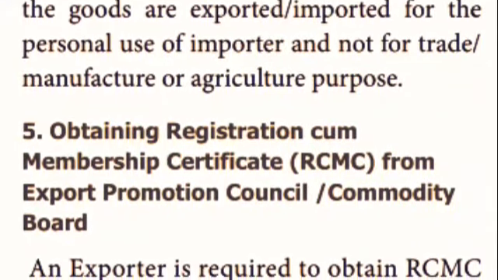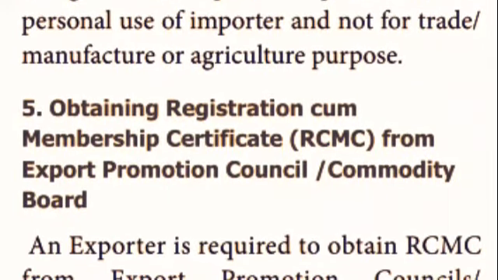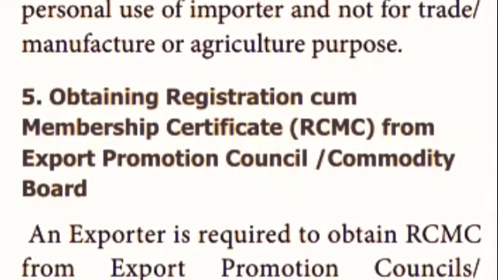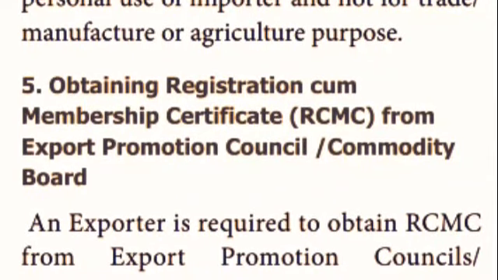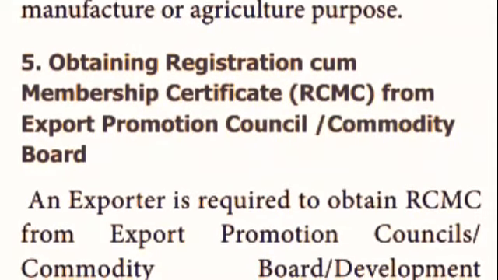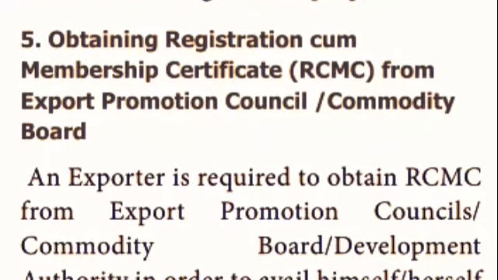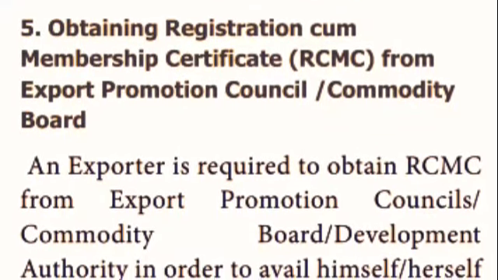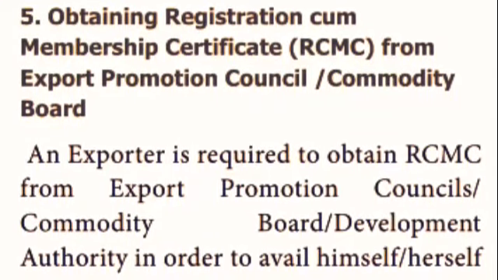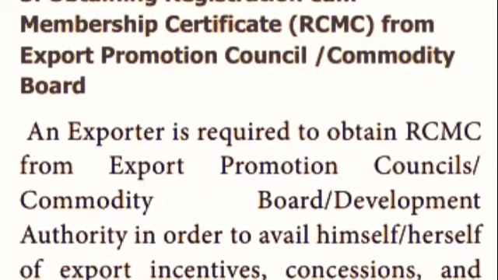An exporter is required to obtain the RCMC, the registration cum membership certificate, from the Export Promotion Council or Commodity Board Development Authority in order to avail himself or herself of export incentives, concessions and other facilities offered by the government.